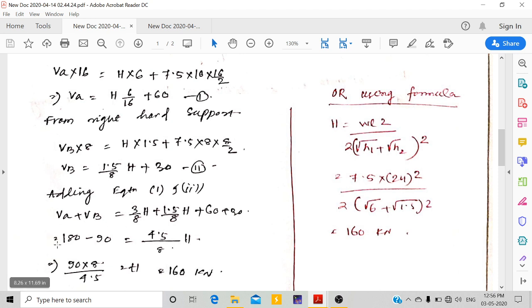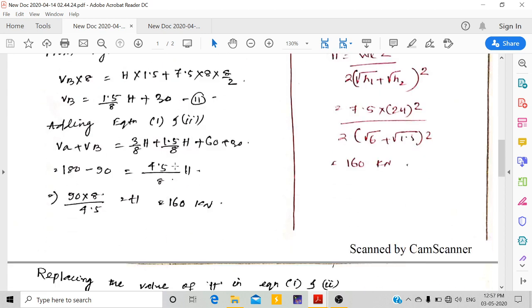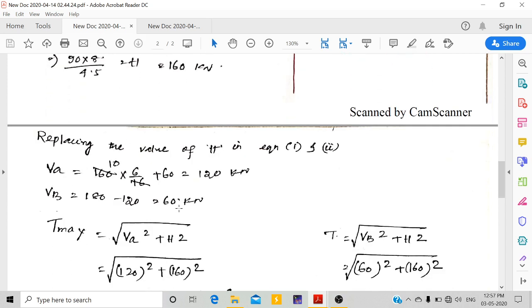But Va plus Vb we have calculated, this is 180 from summation of Fy. So while solving this I am getting my H, the horizontal tensile reaction, as 160 kilonewton. Now I will replace this H value in equation 1 and equation 2 to get the vertical reactions Va and Vb. So I did that and I got Va and Vb, right?